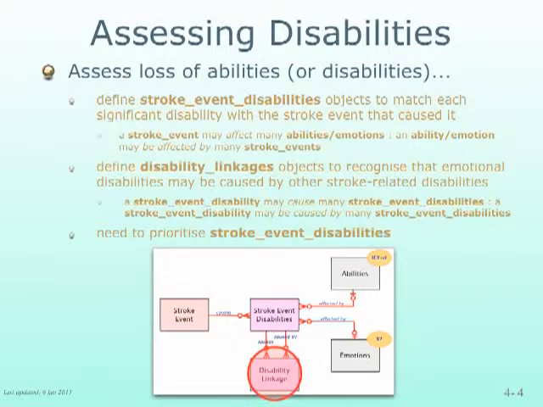This is important because there is not necessarily a direct correlation between the severity of a disability and its impact on a survivor's quality of life. So therapists must be aware of which disabilities are causing the greatest impact on a stroke survivor's safety in the community and quality of life, and that this perception may change over time as the stroke survivor travels along his or her stroke recovery journey.